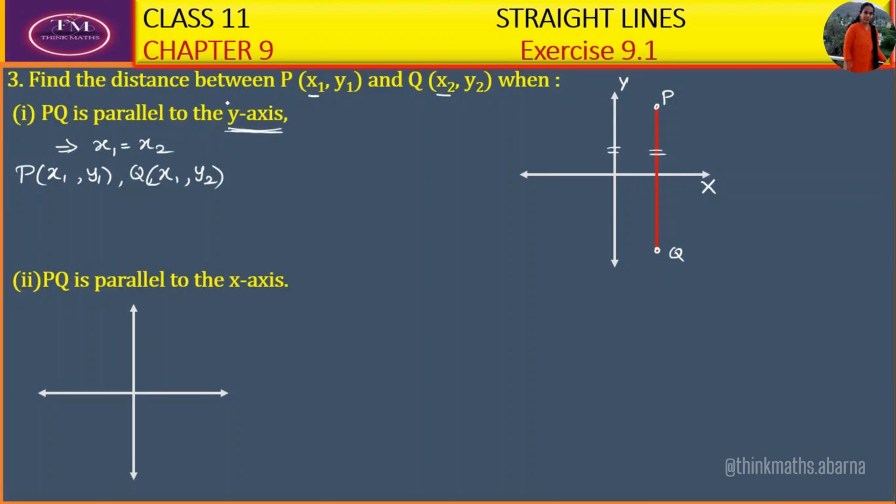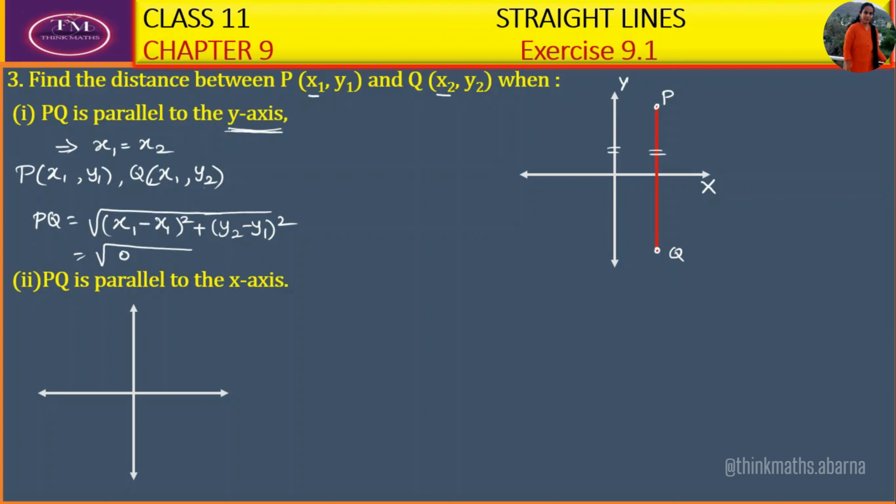Now what is the question? We have to find the distance. What is the distance formula? It is the square root of (x2 minus x1) the whole square plus (y2 minus y1) the whole square. Now we have x2 as x1 and x1 is also x1. So (x1 minus x1) the whole square, plus (y2 minus y1) the whole square. Here this becomes 0.